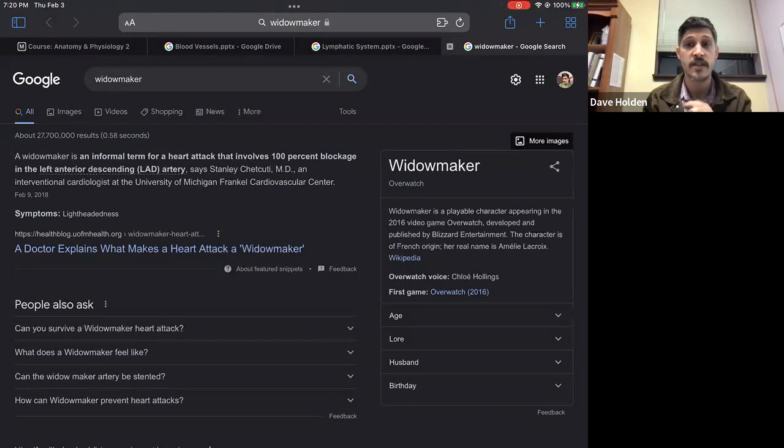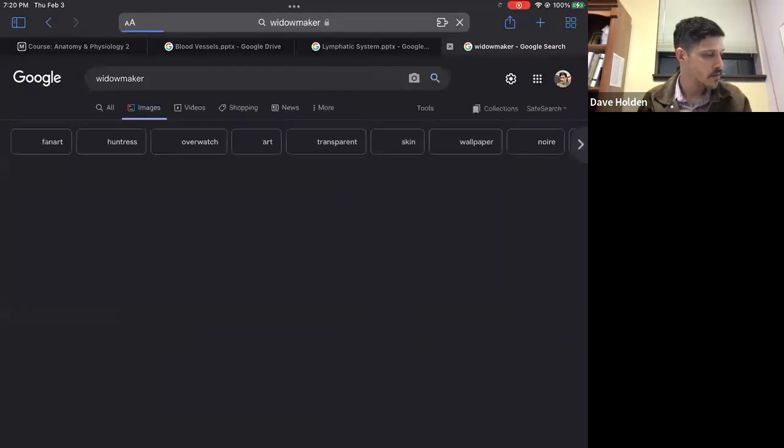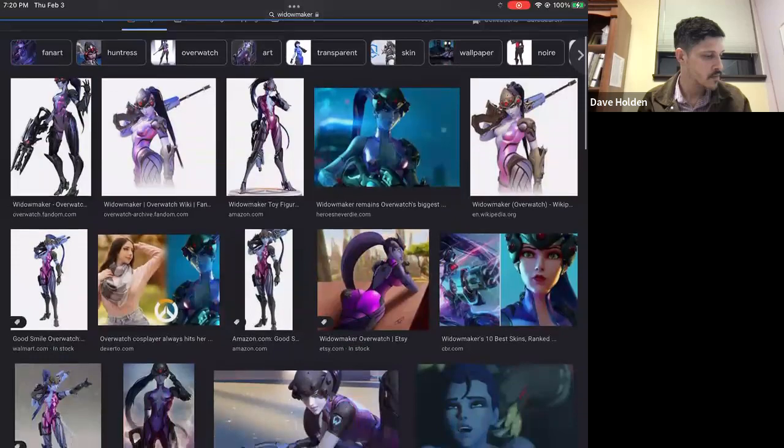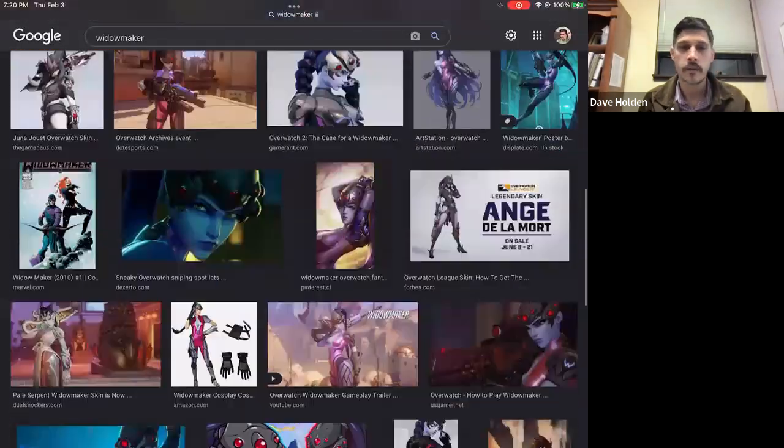This is one of the arteries that feeds the heart. Understand, it gets a name for being so common. We don't just pick a name for some rare event.